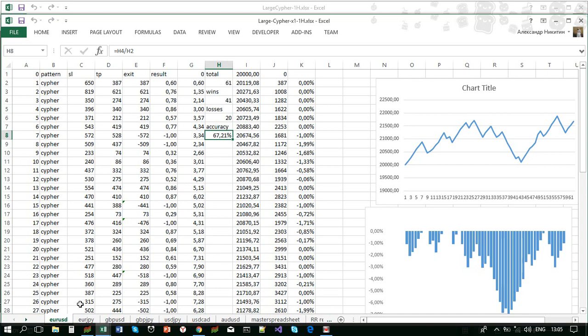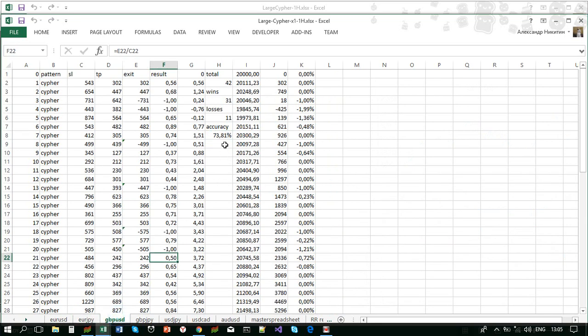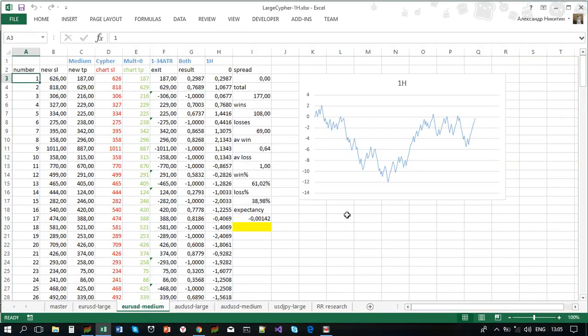It is reversal ciphers only. Euro dollar, euro yen, 67, 67. Pound dollar, you see 73. Pound yen, 73. So it is almost the same numbers. Well, I was backtesting reversal ciphers in my previous Excel spreadsheet. Here I'm talking about all the patterns, regardless of being reversal or not.